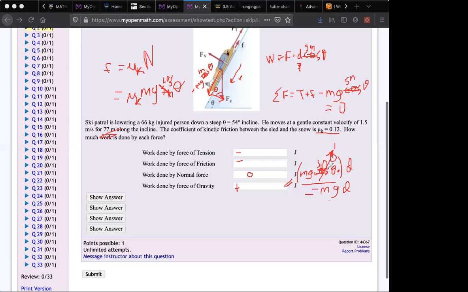Crazy, crazy thing. I actually assumed it was sine here because I got this part right, but that's okay.